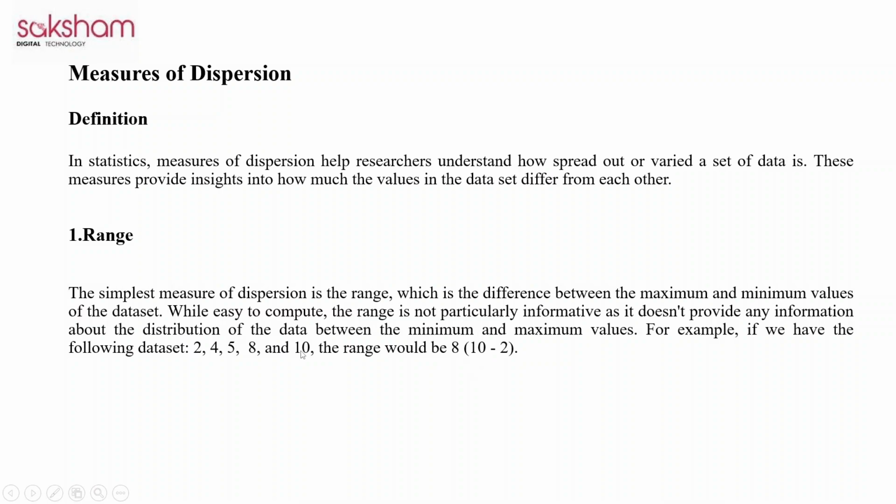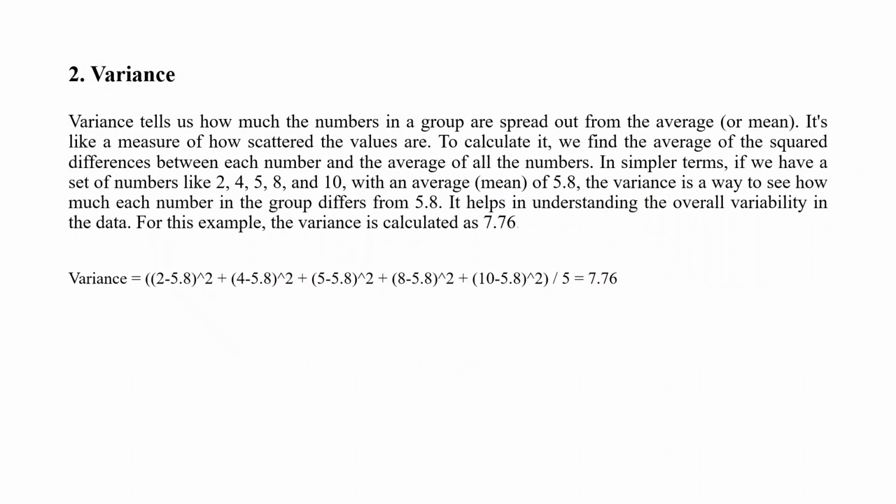We find the difference between the maximum and the minimum value by subtracting. So the range concept is clear. In the next videos we will work on this with the help of data and practicals, and I will explain it to you.